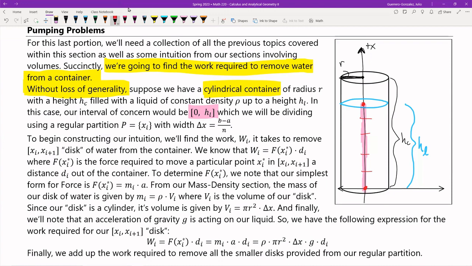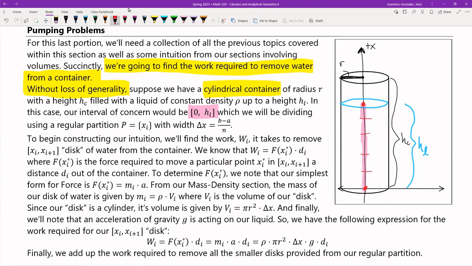Now, the question that we're trying to answer is we want to find the work required to remove all of the liquid, all of the water, from this container.